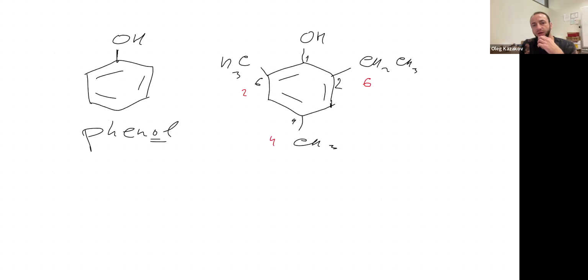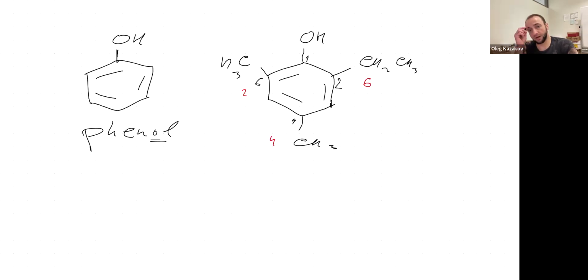If we use the black sequence, the group that comes first alphabetically, ethyl, which precedes methyl, will have number 2 for the carbon to which it is attached. So in this case, it looks like the clockwise sequence will win over the counterclockwise sequence.